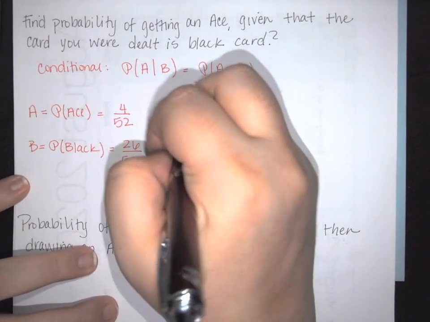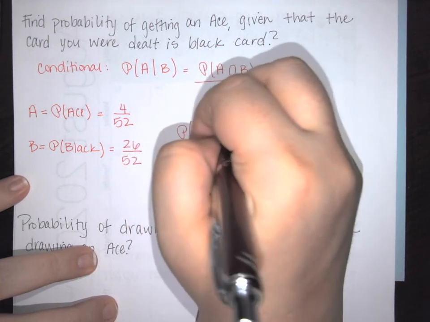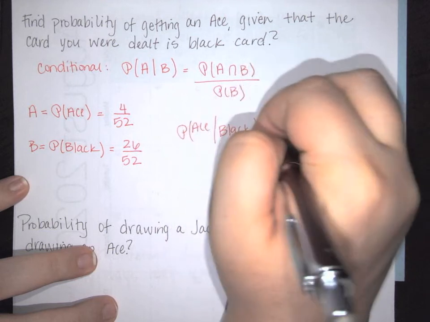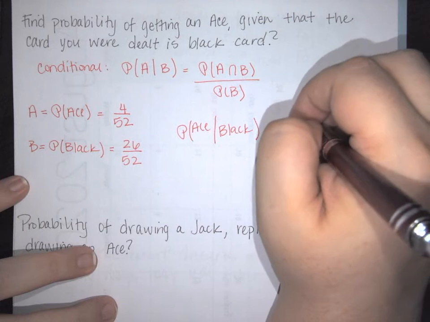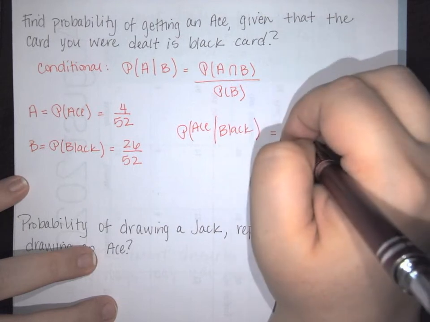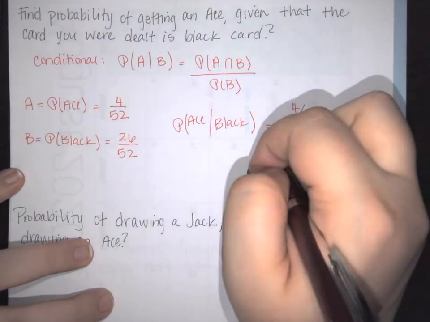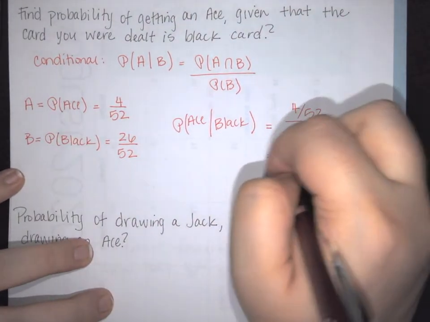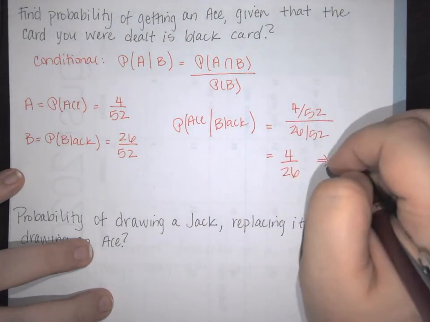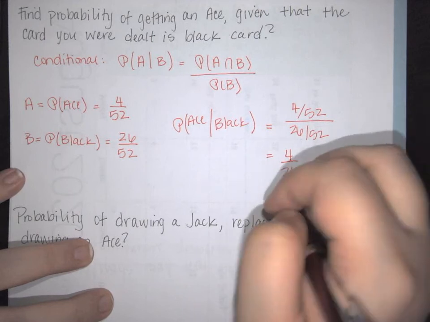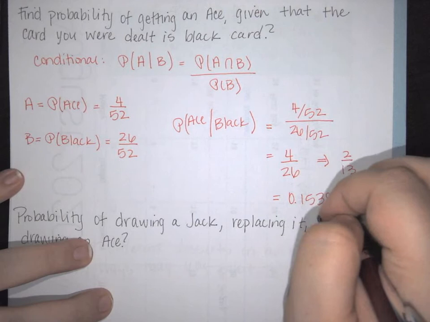So the probability of getting an ace, given that I was dealt a black card, is 4 out of 52 over 26 out of 52. That is 4 out of 26, which we can reduce to 2 out of 13, but overall gives us a probability of 0.153846.